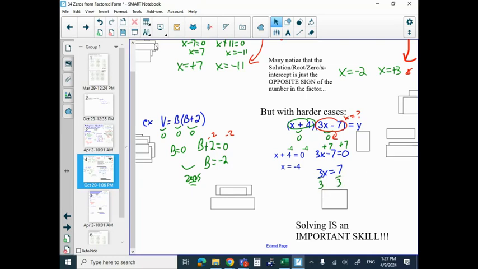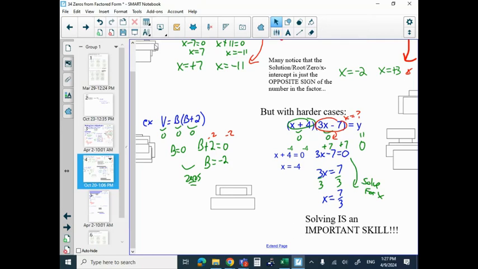And then we have to divide both sides by 3 to solve, just regular solving steps. So again, just like normal, solve for x. Just solving equations. So I have a reminder there. Like you've looked at solving equations in previous courses. Obviously, it's yet another time when we need to use our ability to solve equations to get answers. Okay, so the zeros are negative 4 and 7/3.